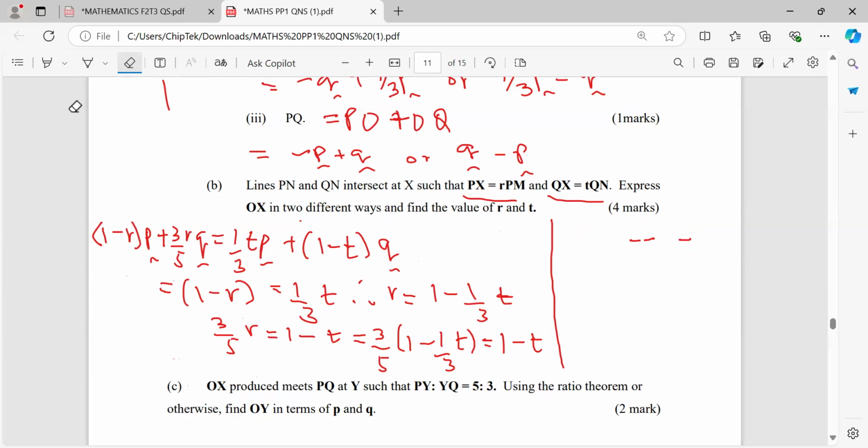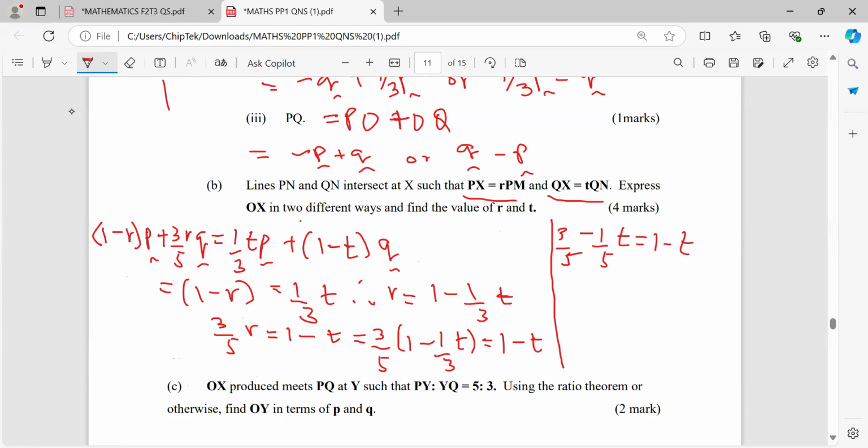Okay, tukifungua vizuri itakuwa 3/5 times 1 is 3/5. 3/5 times negative a third ni negative 1/5 T equal to 1 minus T. So hii negative 1/5 leta huku.